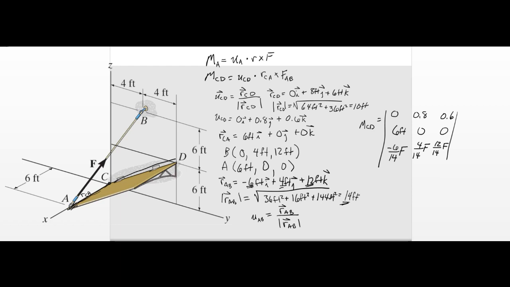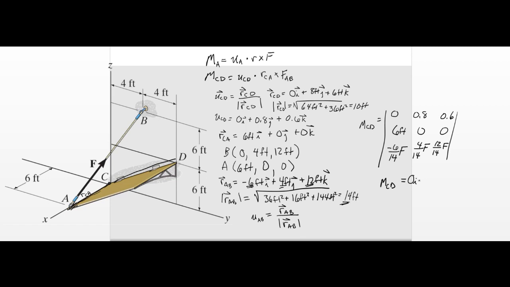And in calculating this, the MCD would then equal 0i, because this is 0, so everything you multiply is going to be 0.